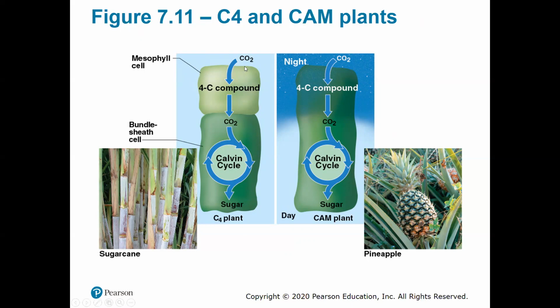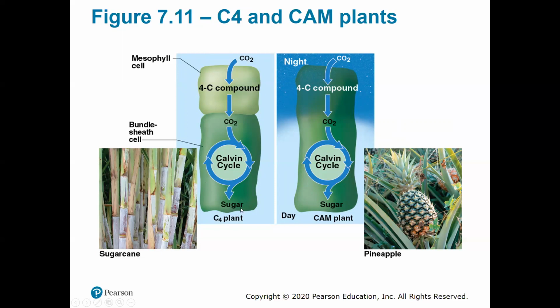So C4 plants do this by separating the stages of photosynthesis into different cells. There are certain cells in the leaves of C4 plants whose only job is to gather carbon dioxide.